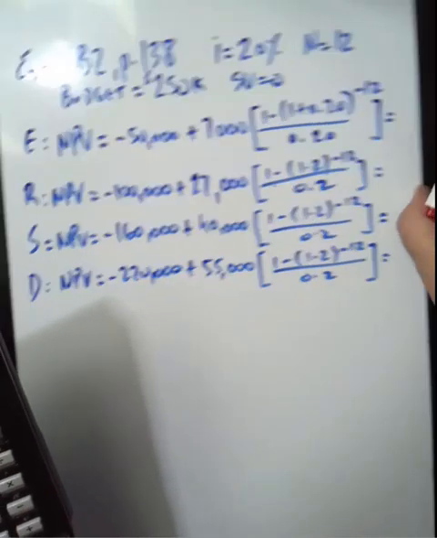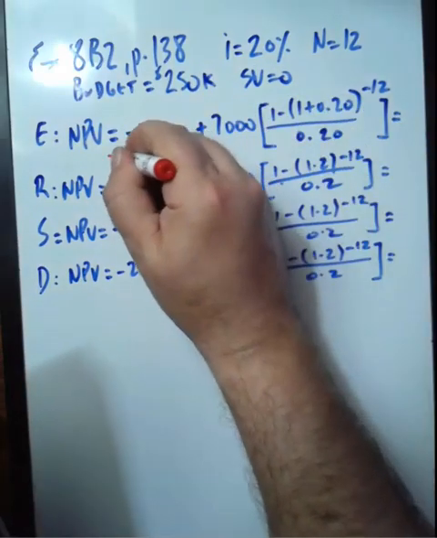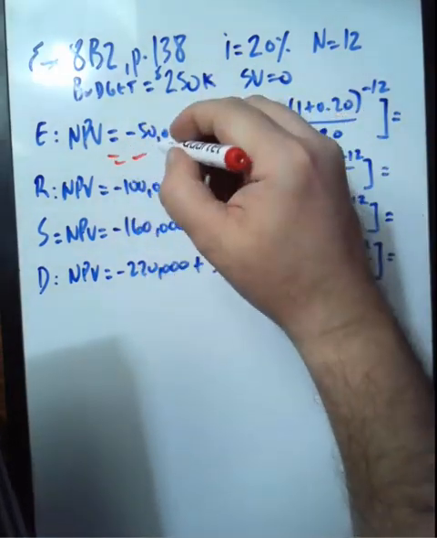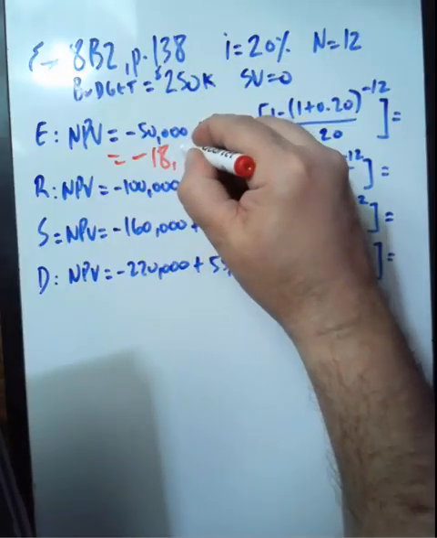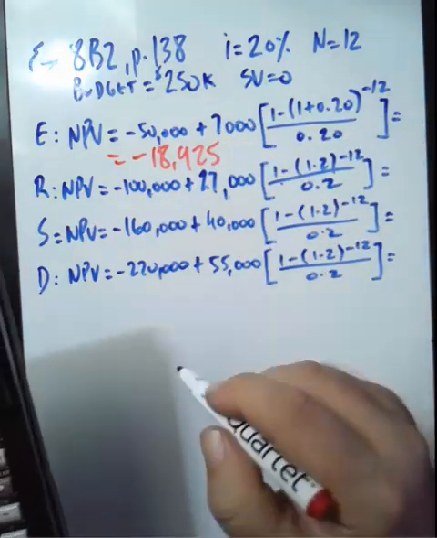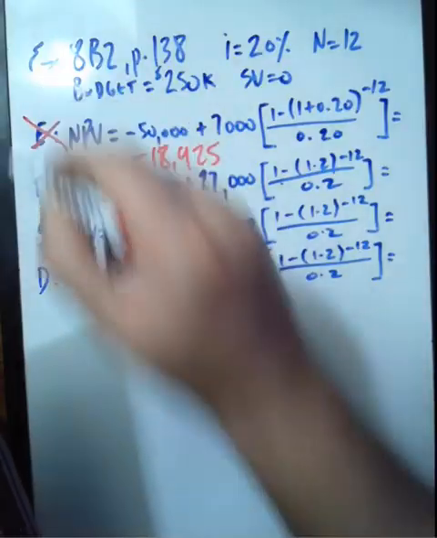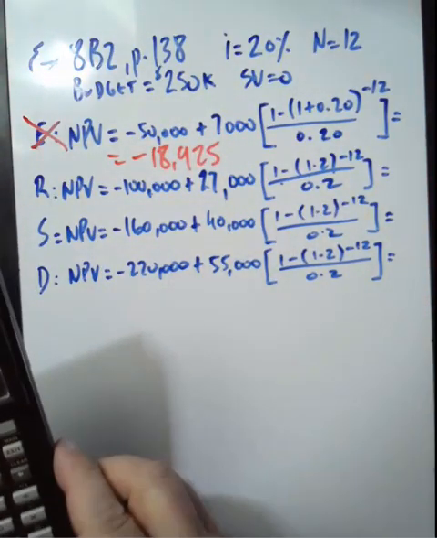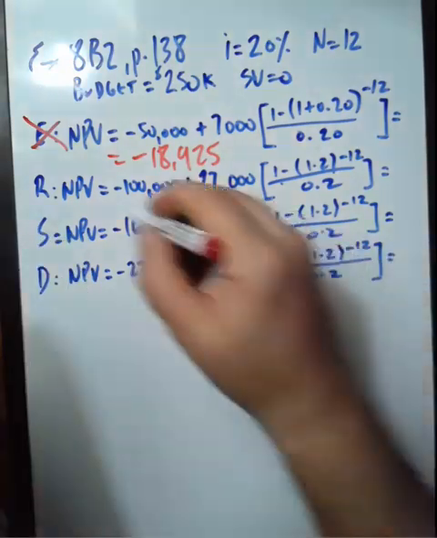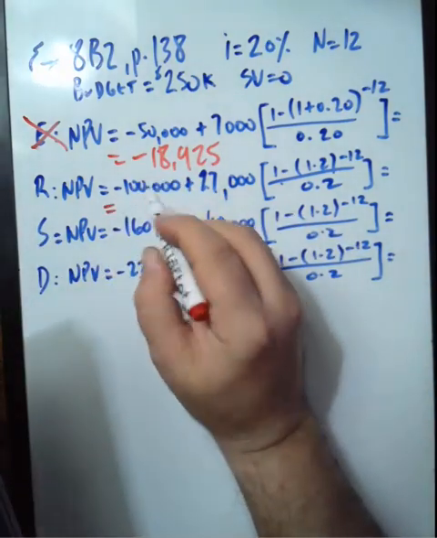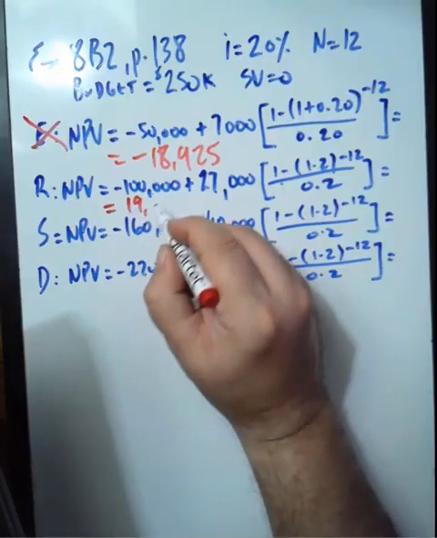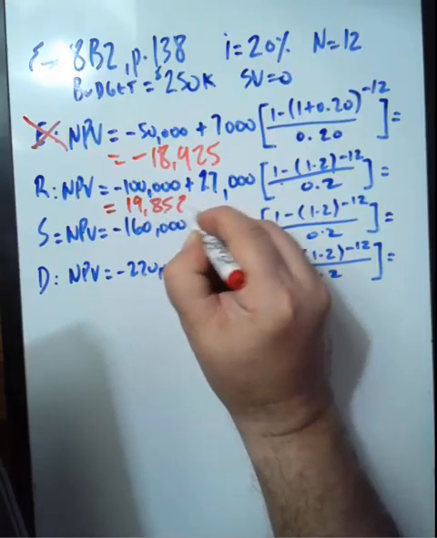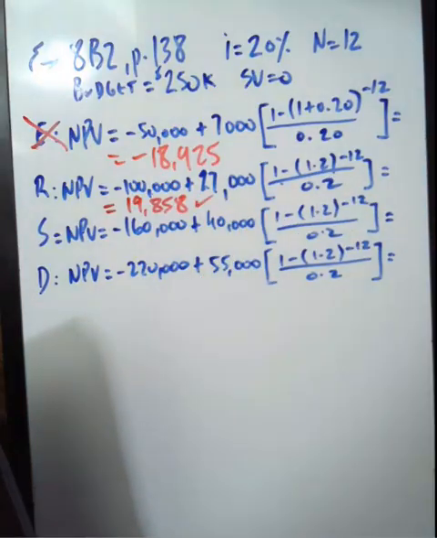So the first one is going to give a net present value of negative $18,925. So that's going to be eliminated as a negative present value. Now let's see the regular. The regular gives positive $19,858, so that's okay.